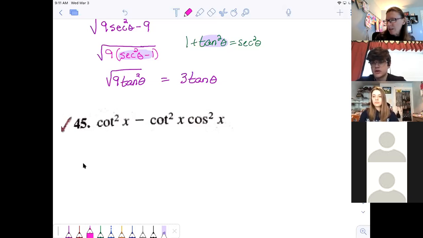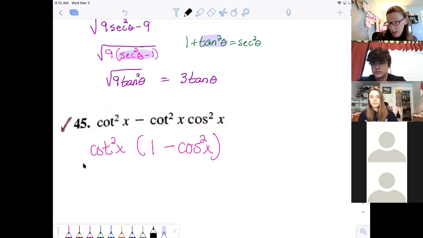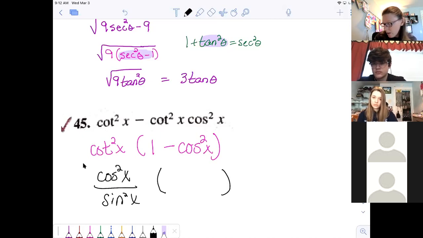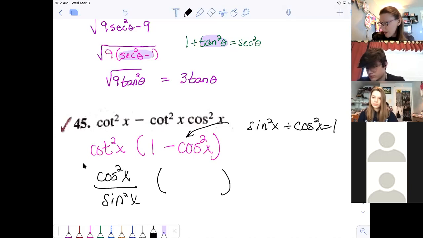Would you take out a cotangent squared? Yeah, so take that out first, and then you have 1 minus cosine squared. Then you would do exactly what you said. So then I would change the cotangent squared to be cosine squared over sine squared. And you can change the quantity in the parentheses that's remaining to sine squared.